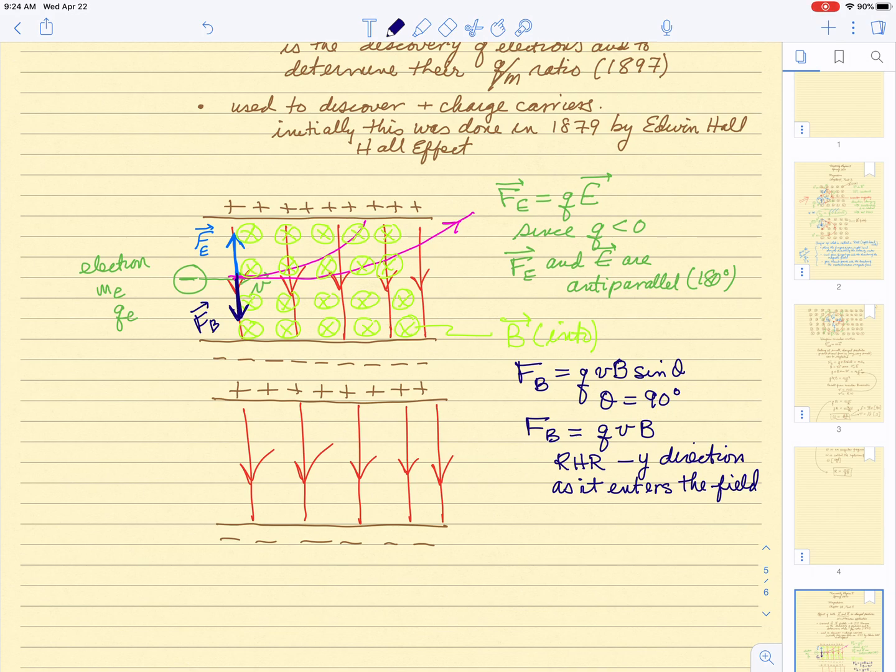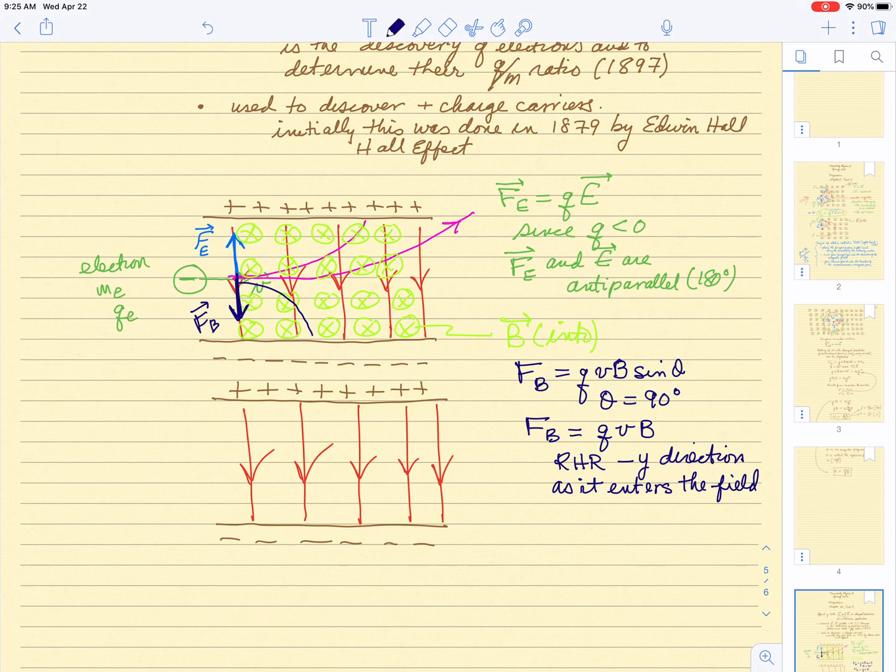So electric force is going to be in the upward direction, and the magnetic force is going to be in the downward direction as it enters the field. The resulting trajectory of the magnetic field alone, again, would be circular. Okay, so it might look something like that, like so.